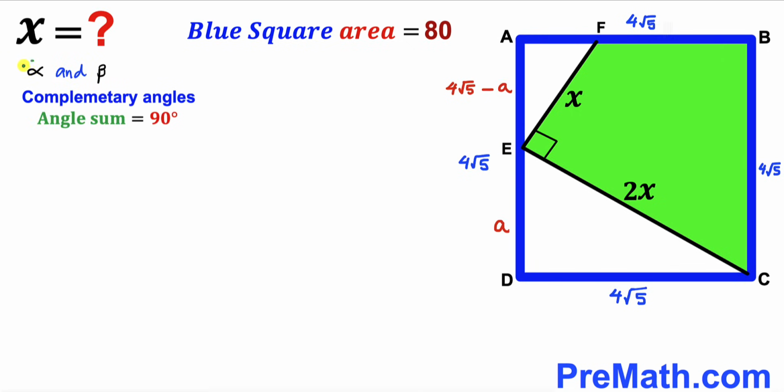Now let's assume alpha and beta are two complementary angles. In other words, the sum of alpha plus beta must be equal to 90 degrees.